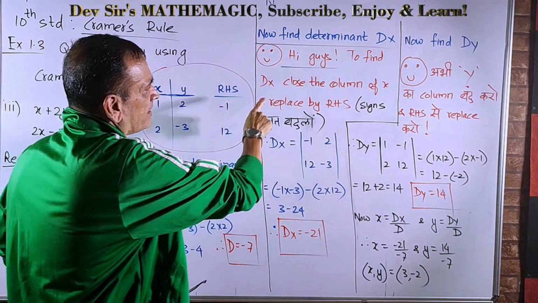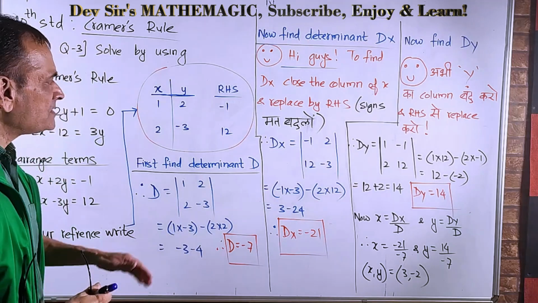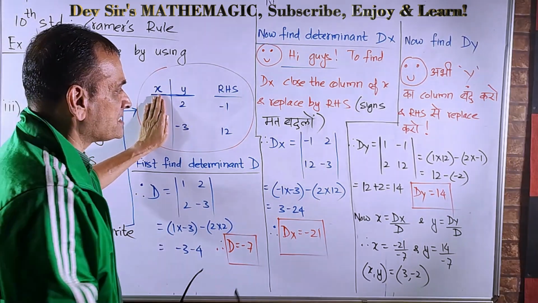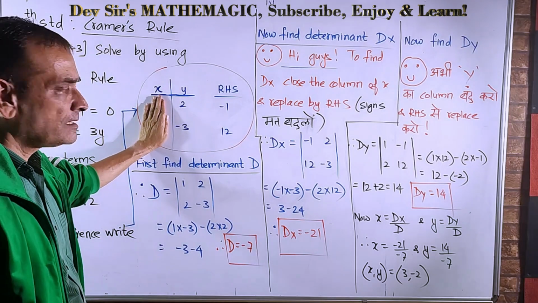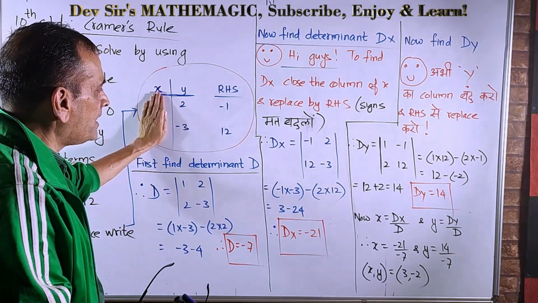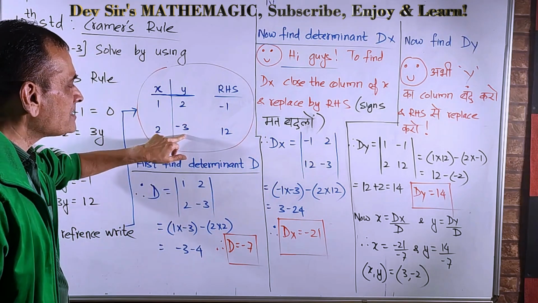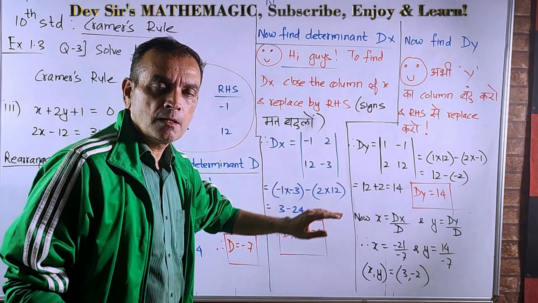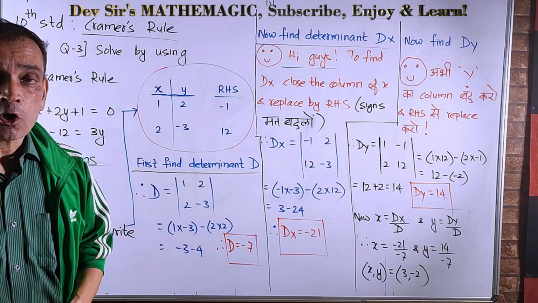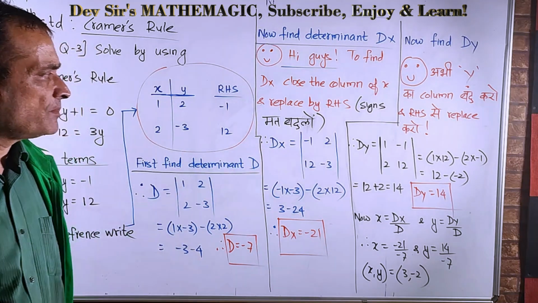In our reference, close the column of x. Close the column of x means just close this. Replace by RHS. What is RHS? Minus 1 and 12. So close this column and write minus 1 and 12. The y column, 2 and minus 3, should be written as it is. Simple. So to find dx, close the column of x. That is the important rule. Please write this determinant.